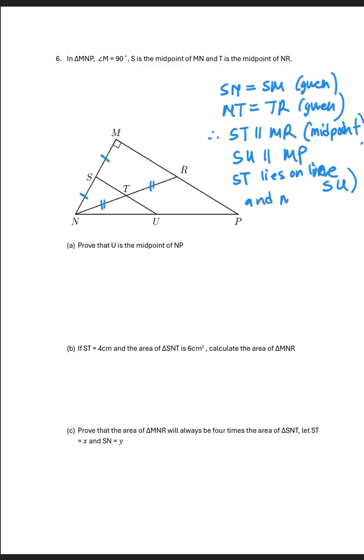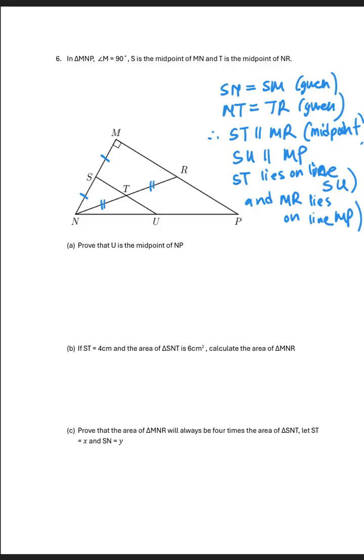And MR lies on line MP. So this is our claim, right? So then we know that they are parallel. So it means we now know that they are parallel.